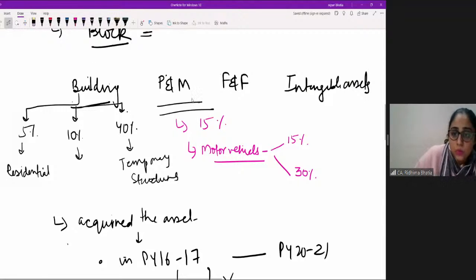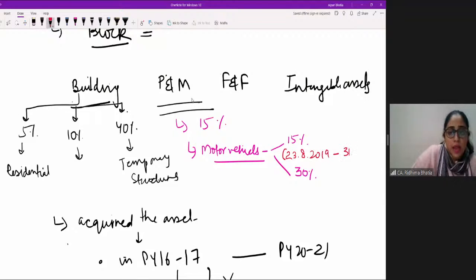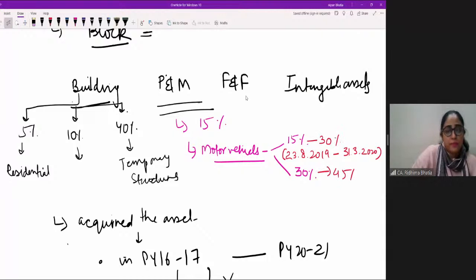To incentivize the auto sector, our finance minister said that if you purchase any asset being a motor vehicle between 23rd August 2019 to 31st March 2020, and put it to use by 31st March 2020, instead of 15%, you will get 30%, and instead of 30%, you will get 45%.